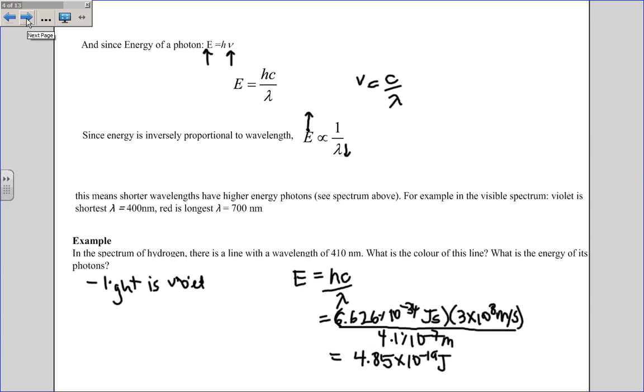Okay, so we now know all of the information about this band of light at 410 nanometers. We know its frequency from our previous calculation, and now we know the amount of energy that's associated with that light.